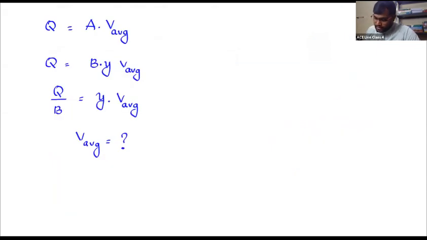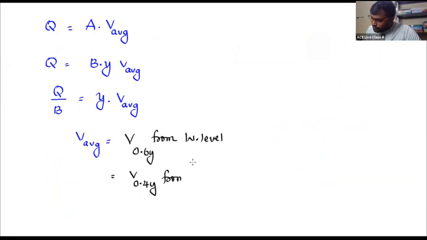So what is the average velocity? The average velocity means the velocity at 0.6 y from the water level, or the velocity at 0.4 y from the bed level.